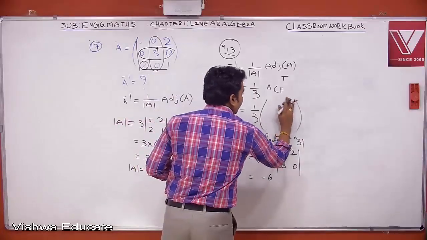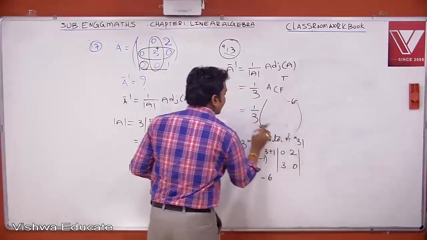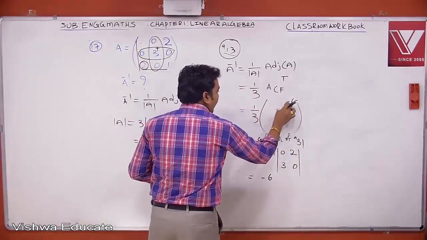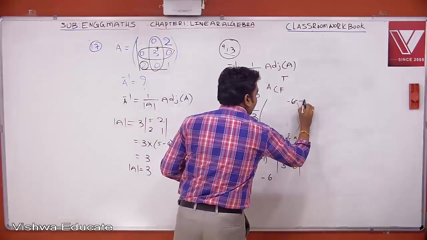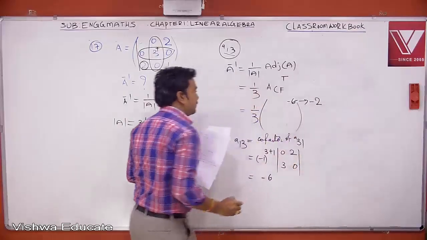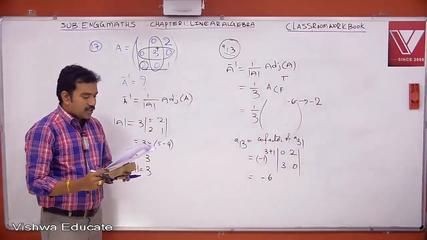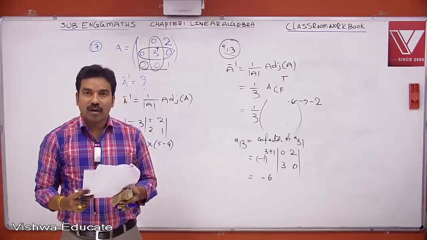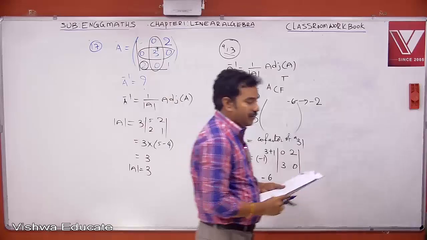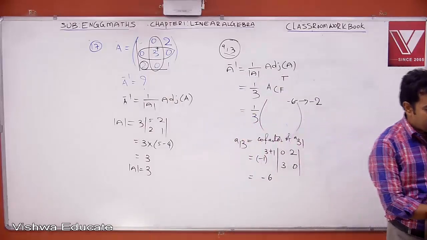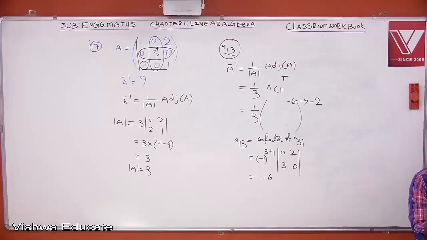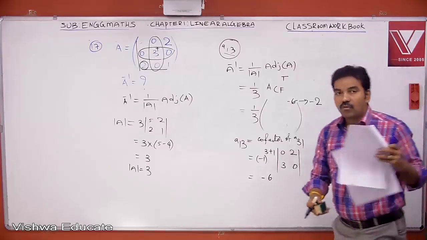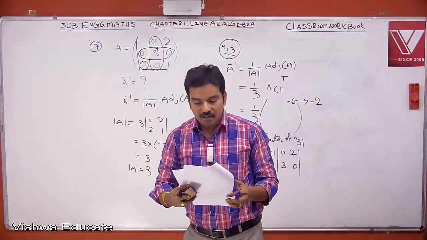Multiply 1 by 3 with minus 6. Therefore, the result becomes minus 2. Minus 2 is available in option A. So A is the right option. Note this. I hope this is very clear.